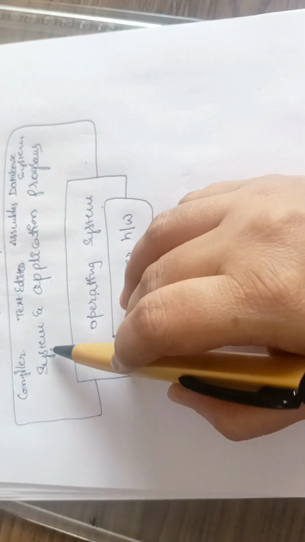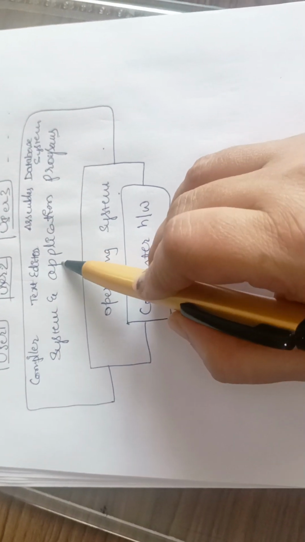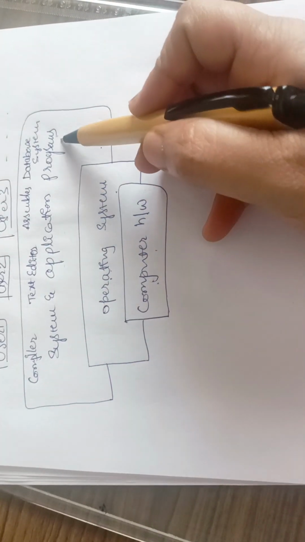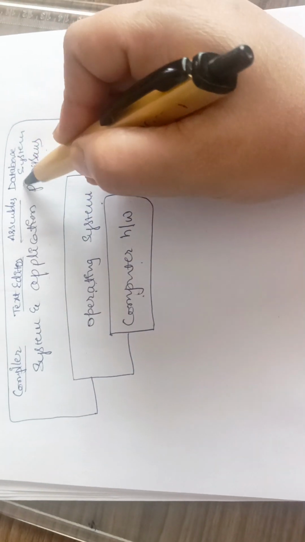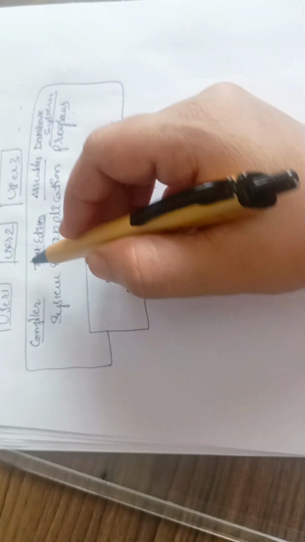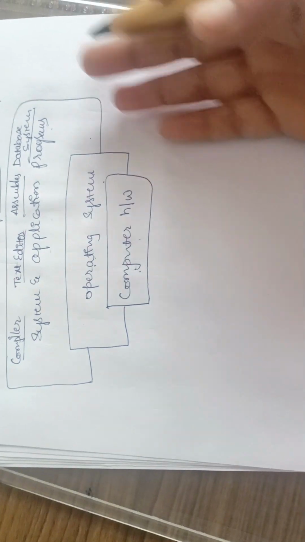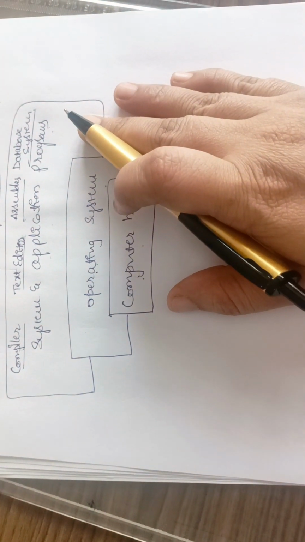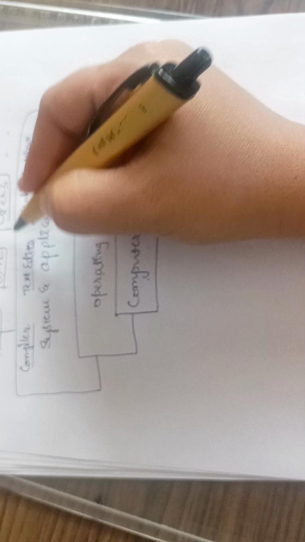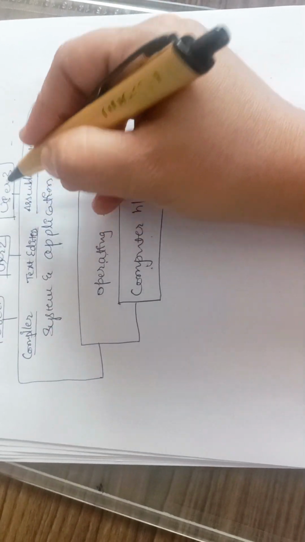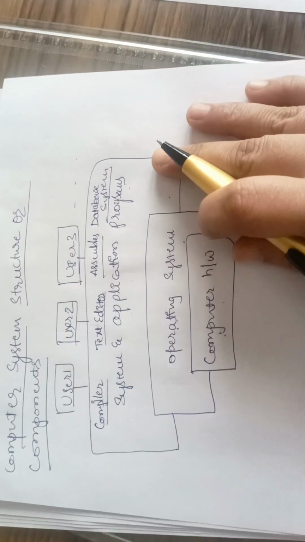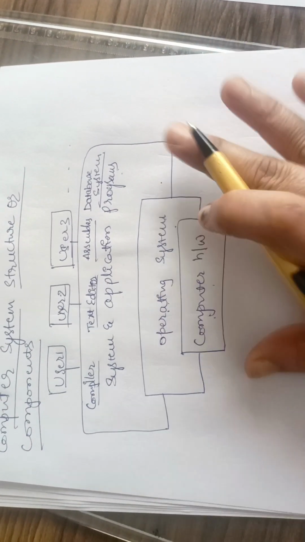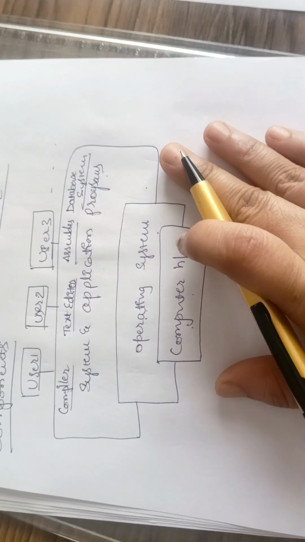And in order to do some specific task, we require application programs like a compiler, text editor, assembler, and database system. All of these are required for which one? For the user. Okay, so if the user wants to do anything, all these things will be necessary. So these are the components of the computer system.